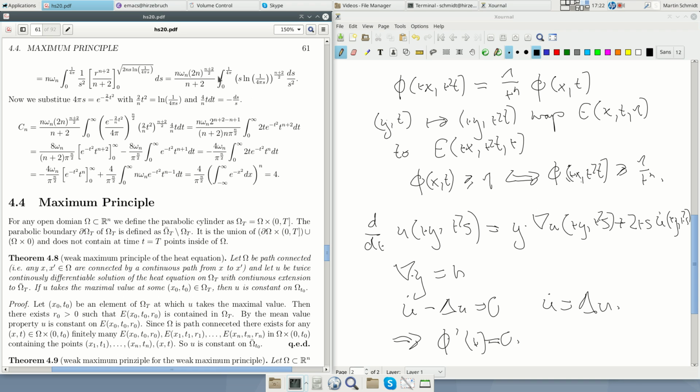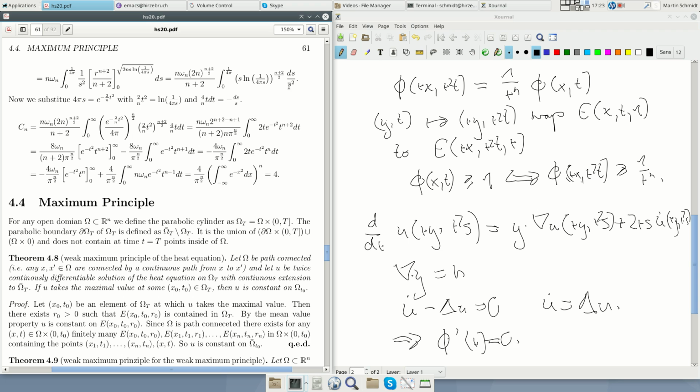Now we insert everything. So we replace the s by this factor over 4 pi. So s is of course e to this power over 4 pi. This is s here over n half. Here we have ds over s. This we get by the dt.